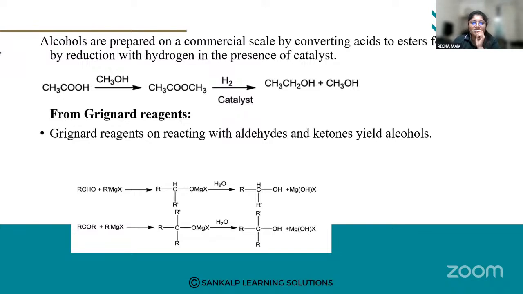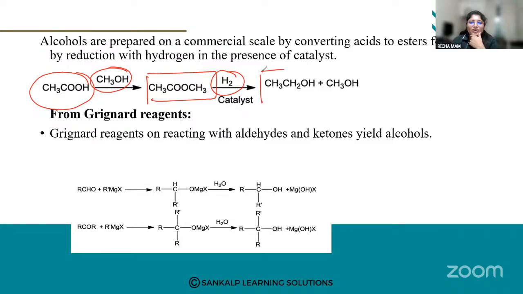When the carboxylic acid is reacted with an alcohol, you get an ester. The acids are converted into esters, and then you do the reduction with hydrogen in the presence of a catalyst to get alcohols. So I have got a mixture of alcohols, ethanol and methanol. Is it clear? Yes.